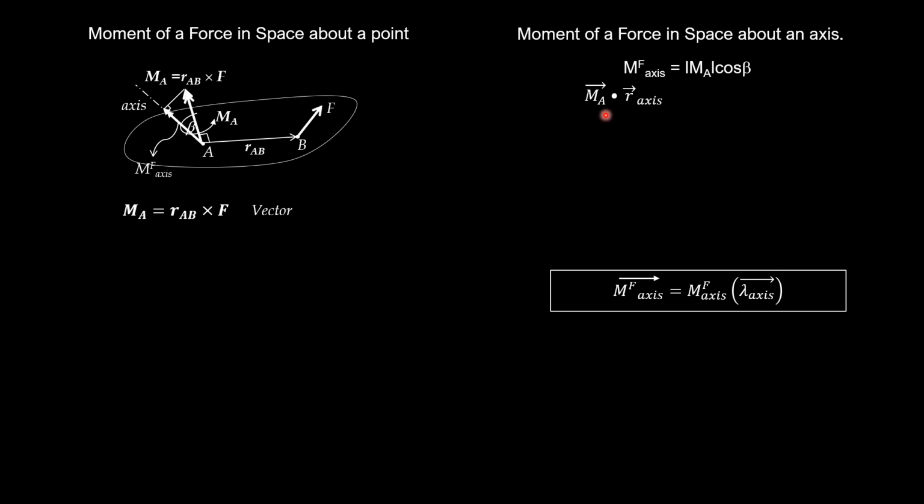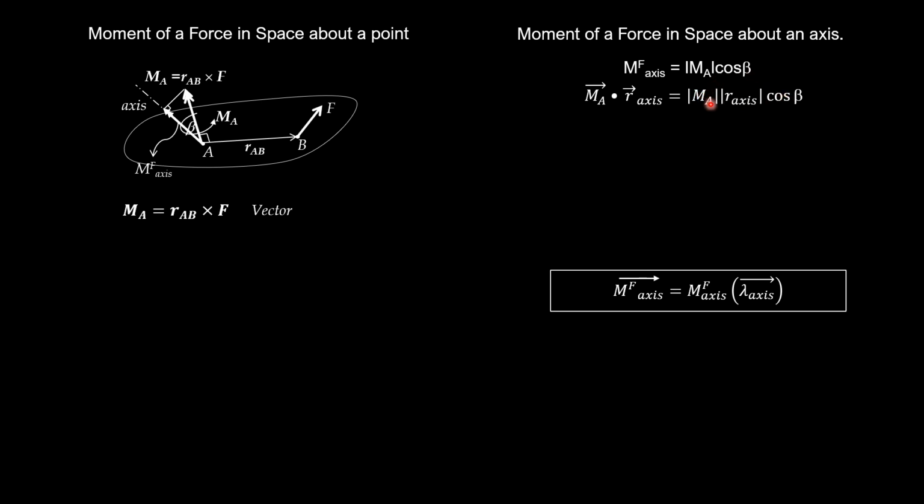So moment of A, or RAB cross F, dot the axis vector, this axis vector here, is equal to, by expansion, magnitude of moment of A, magnitude of the axis vector, by definition, times cosine of the angle between them. Then moment of F about the axis is this magnitude of MA times cosine of beta.